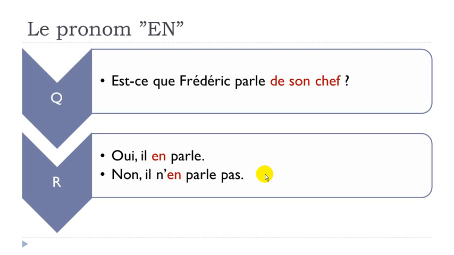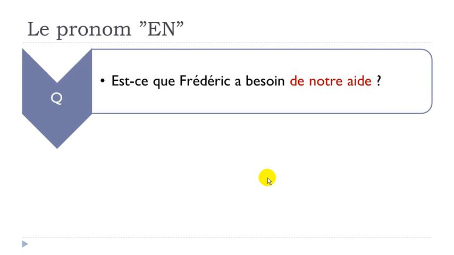Okay, so same thing, same concept, just put it before the verb, okay? When you've got the negative form, then you should take this away from the first part of your negative form. Il n'en parle pas. Est-ce que Frédéric a besoin de notre aide? Okay? Avoir besoin, it's to need.